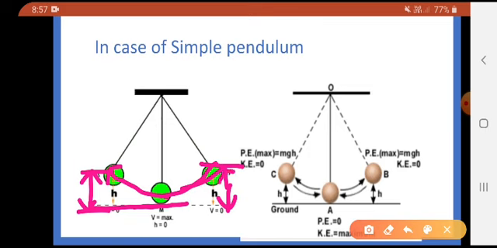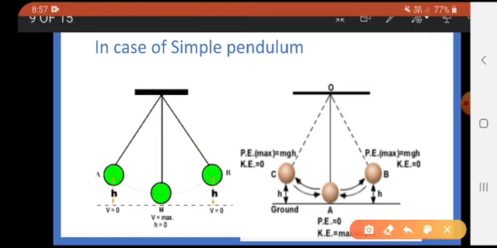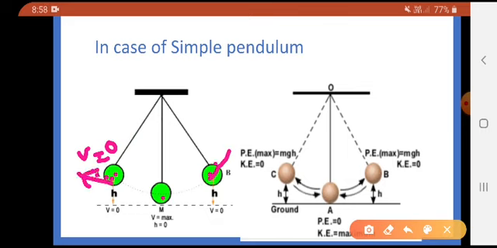So at the extreme positions, its velocity becomes 0, because if it had velocity, it would move further. It is not moving further, so this is the maximum height it can reach. At maximum height, velocity becomes 0.